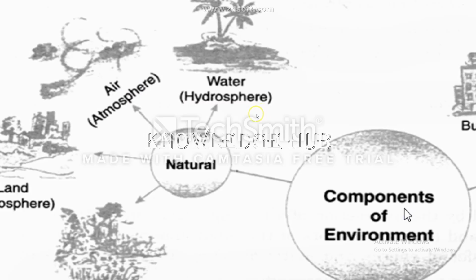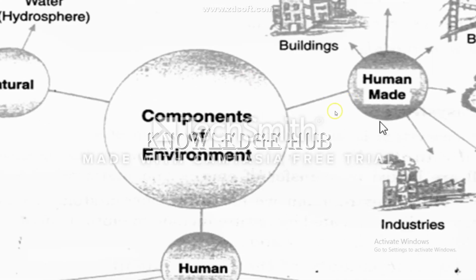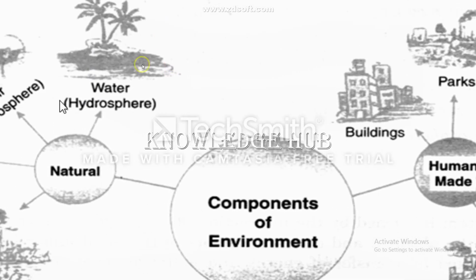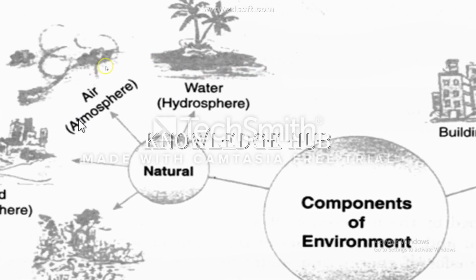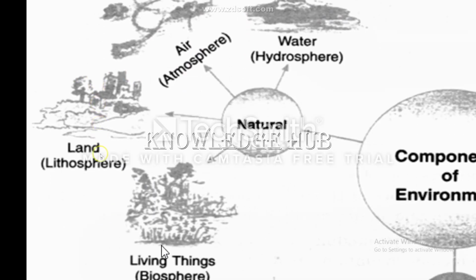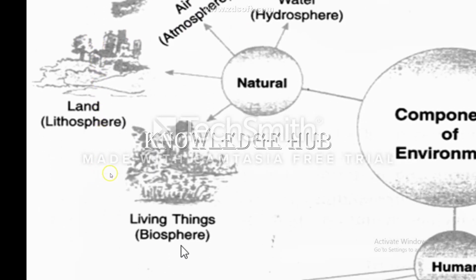There are three components of environment. One is natural, second one is human and human made. Now natural environment is also divided into four kinds. One is hydrosphere, which means water, atmosphere, which means air, lithosphere, which means land, and biosphere, which means living things.